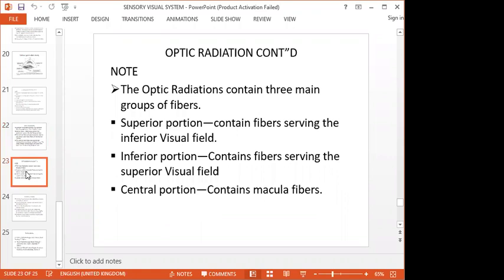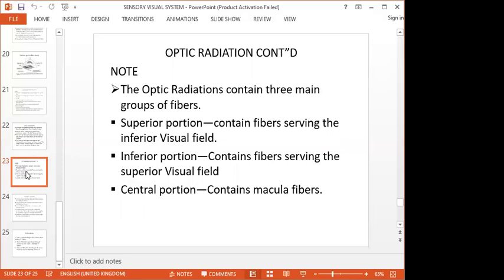Optic radiations. The optic radiations contain 3 main groups of fibers. The superior portion contains fibers serving the inferior visual fields. Let's note clearly here: the superior portion contains inferior fibers. You see the way the fibers are in the eyeball. Those fibers which are superior serve inferior vision.